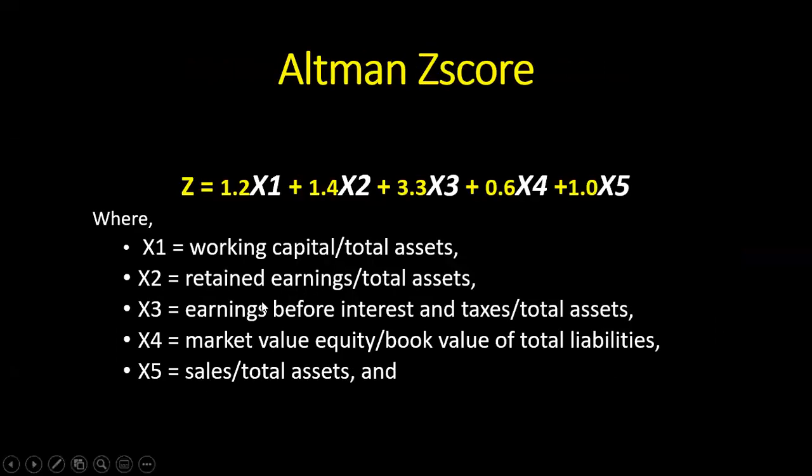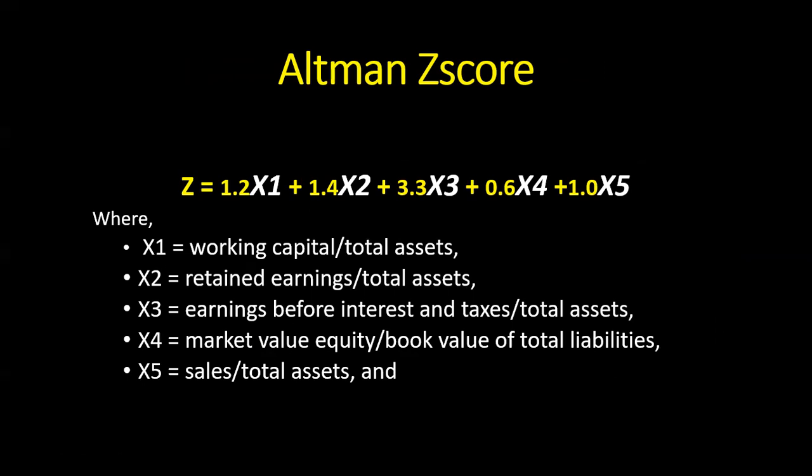Z-score is a summation of 1.2 into working capital by total asset plus 1.4 into retained earnings by total asset plus 3.3 into EBIT by total asset plus 0.6 into market value of equity by liabilities of the firm plus 1.0 into sales by total asset.